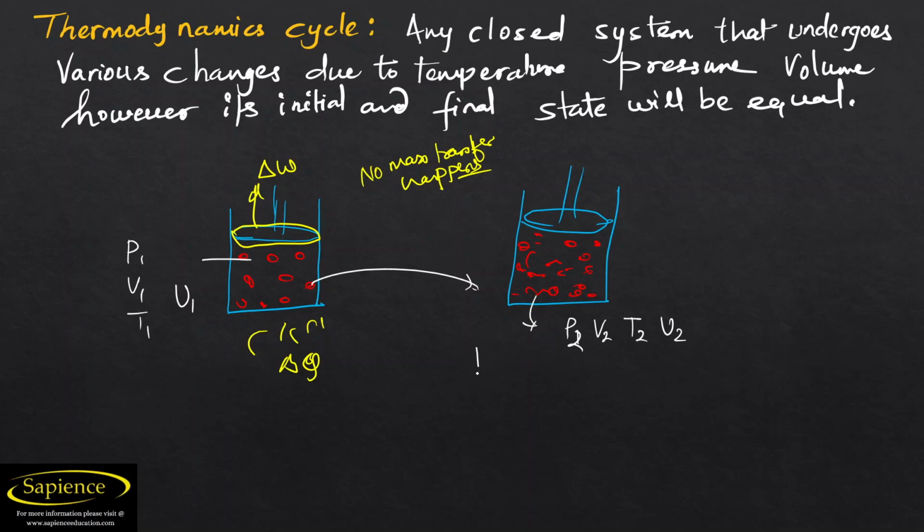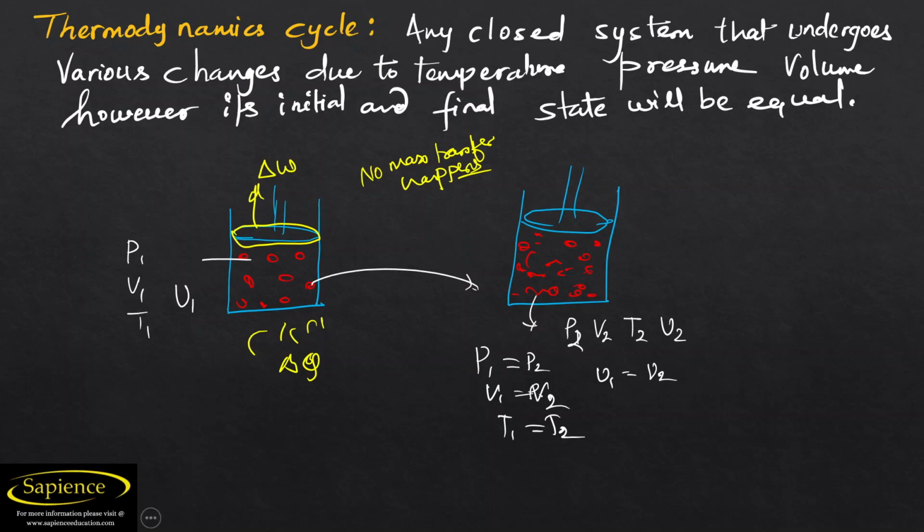But what actually happens here? P1 will become equal to P2, V1 will be equal to V2, temperature T1 will be equal to T2, and U1 will be equal to U2. Then this is known as a thermodynamic cycle.